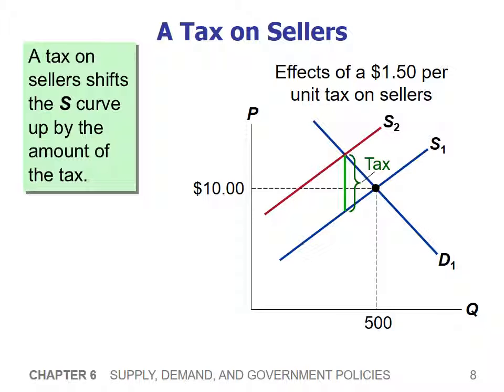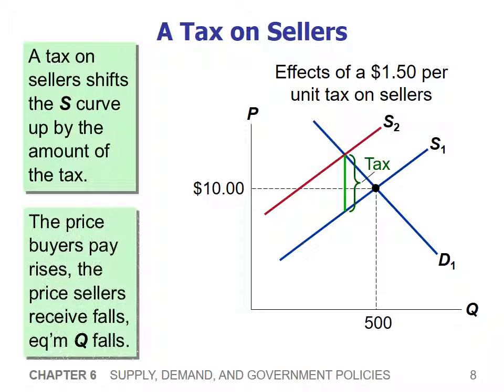So the lowest price that the sellers will be willing to accept for pizzas and still supply 500 pizzas and also pay the tax should be $11.50. In other words, the supply curve will decrease, or it will go up by $1.50. So the gap between S2 and S1 vertically should be $1.50.